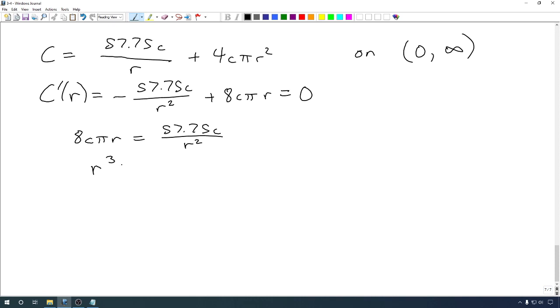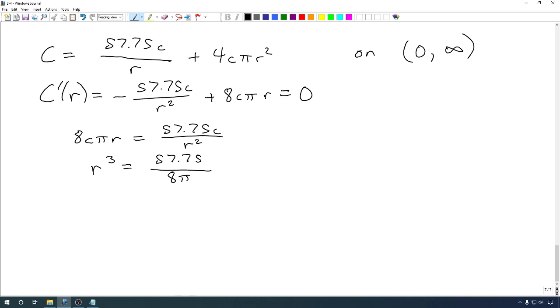That means we have an r cubed over here. Combine that r squared with the r. We have a 57.75. We actually divided that c out. That c went away. That's the reason why they didn't give us a value of c. It technically does not change what the r value is going to be. But we still have the 8 pi on the bottom.